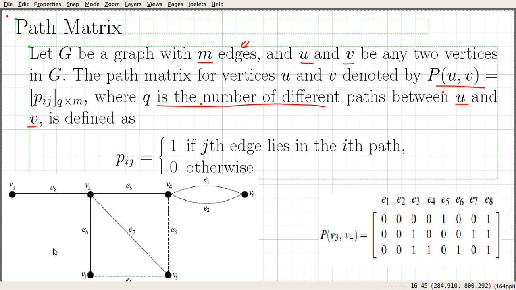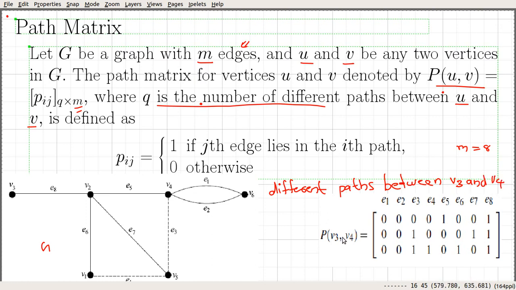Let's consider this graph G. This graph has 8 edges, so here m is equal to 8, and the number of columns here is 8. Let's consider different paths between, say, v3 and v4.